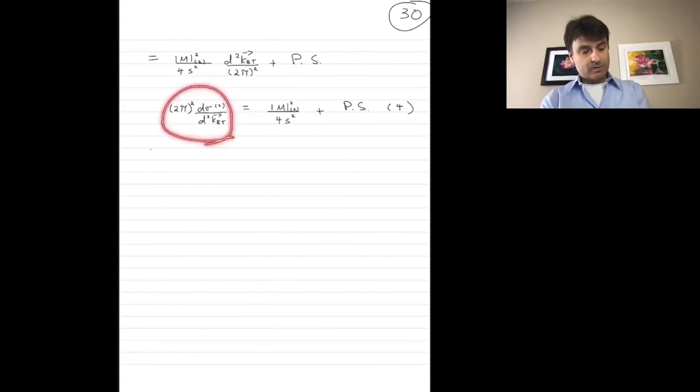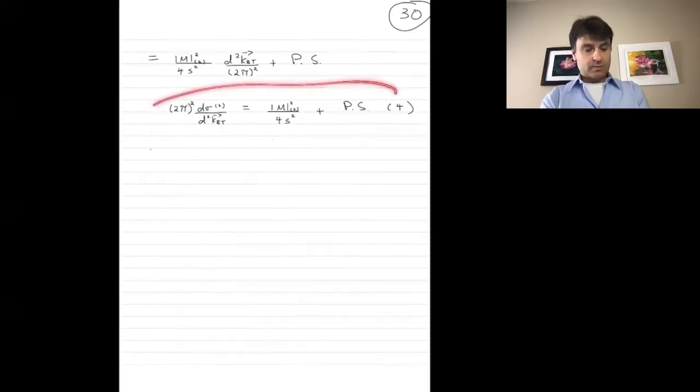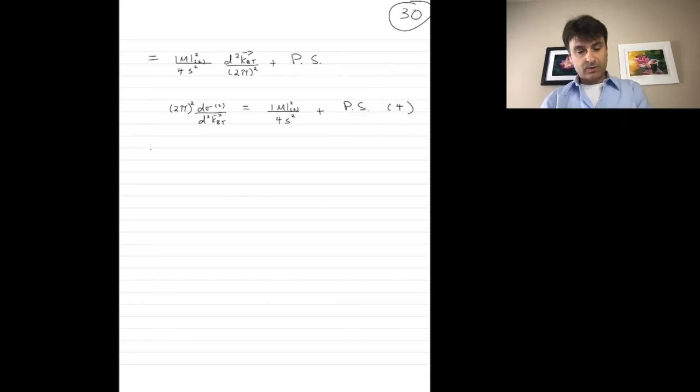If I bring that over to the other side of the expression for the cross section back here, then this is my expression for the 2 to 2 cross section. Okay, and again, dropping stuff that vanishes at large S, like powers of 1 over S.